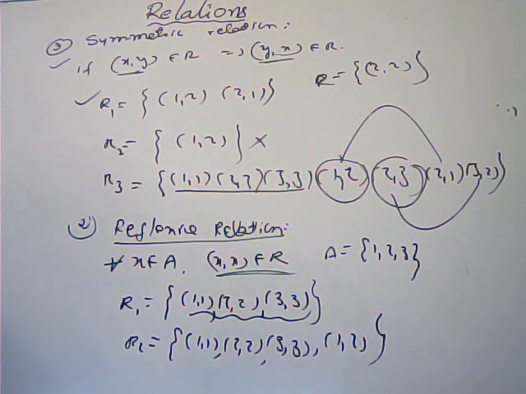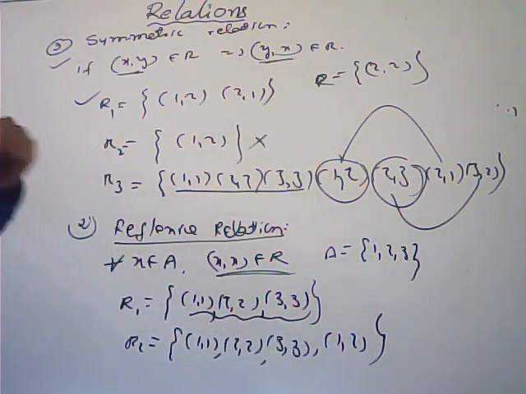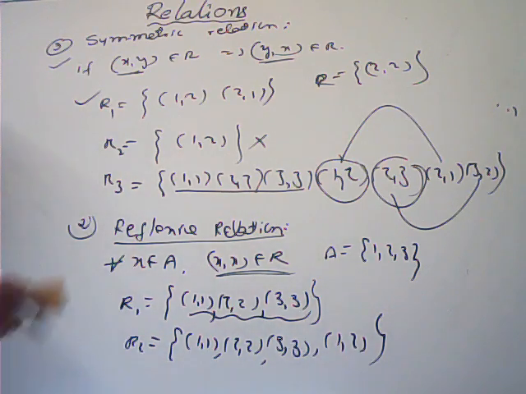Otherwise, that is not reflexive. Along with the 3 equal ordered pairs, if it contains unequal ordered pairs also, that is also a reflexive relation. But that is not an identity relation. If a set contains 3 elements, the identity relation exactly contains 3 equal ordered pairs.